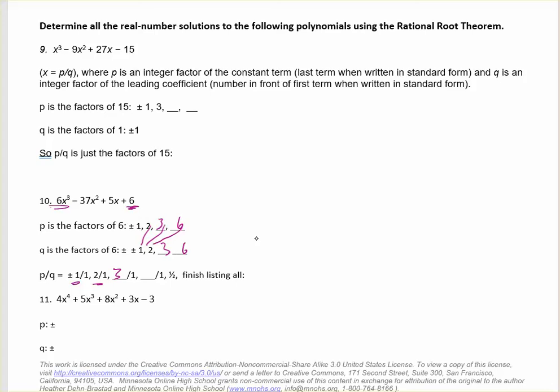And then 6 over 1. And then I'm going to move to the 2. This 2 here, I have to do 2 over 1. But 2 over 1 was already taken care of. So 2 over 2, that's 1, that's the same as this. So once you write them all, I'm going to write them in a little bit more room.